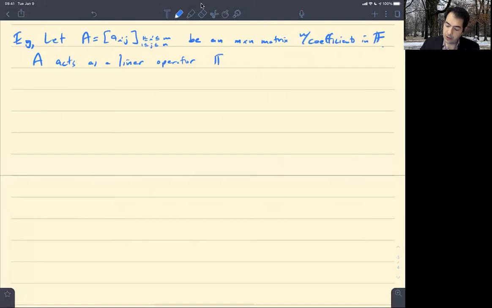It's a linear operator between F^n and F^m by matrix vector multiplication.